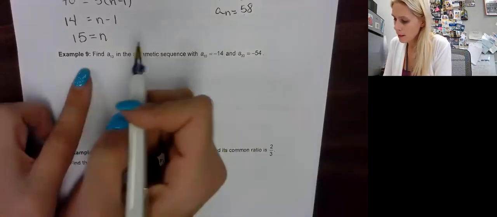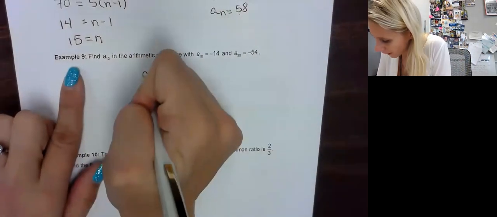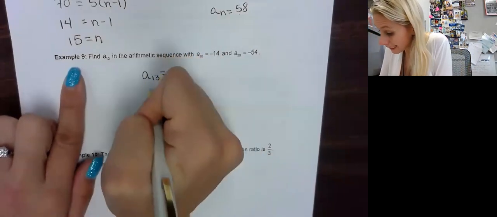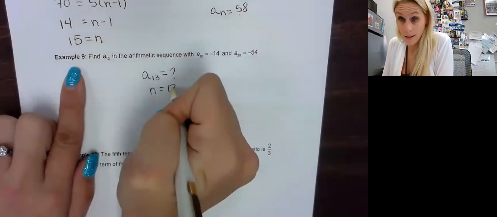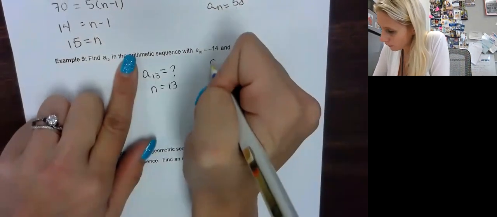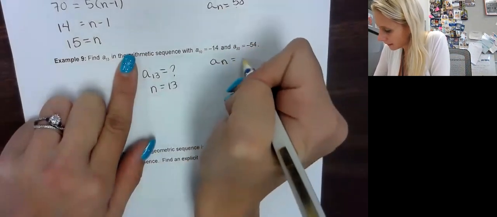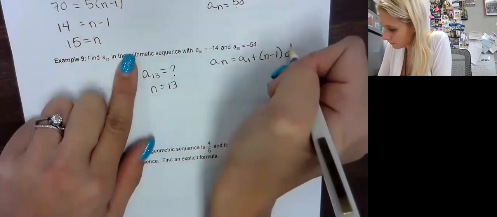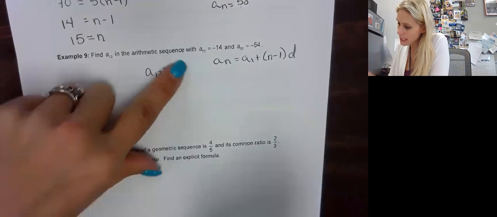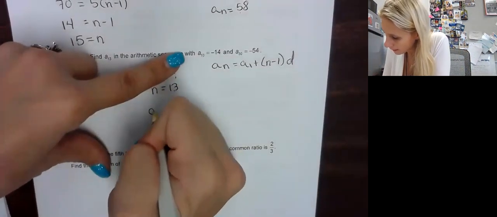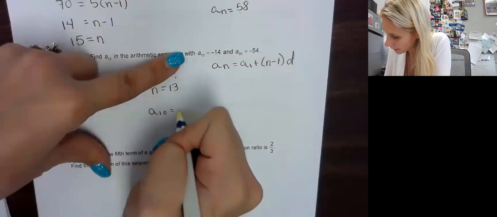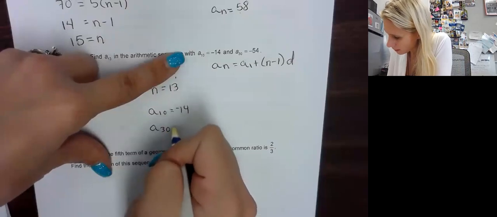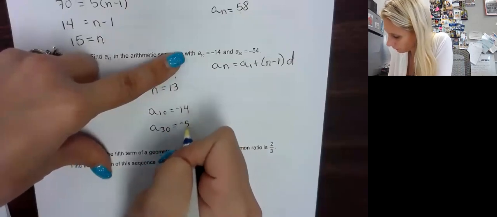This is another one. Find the value. So we're finding a subset 13, which means n is 13. Arithmetic, so let's say a subset n equals a subset 1 plus n minus 1 times d. Okay, in the arithmetic sequence, when a subset 10 equals negative 14 and a subset 30 equals negative 54.